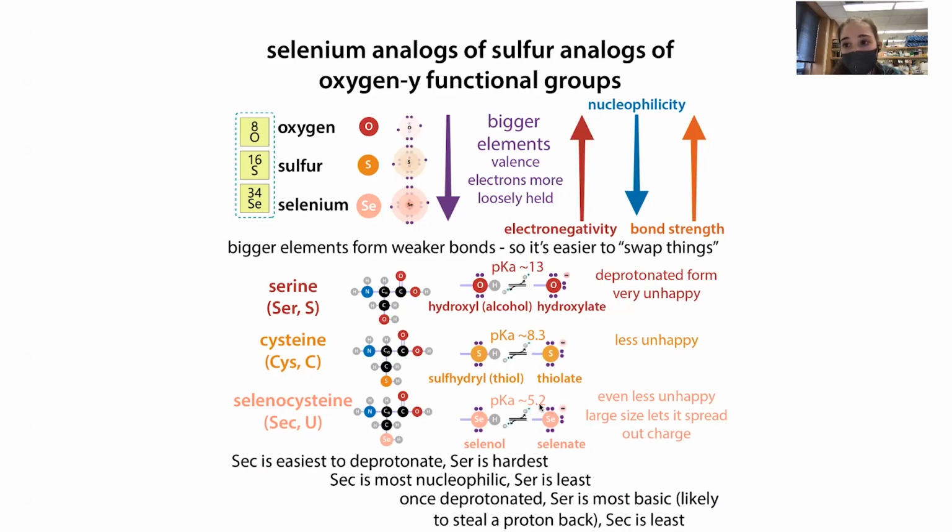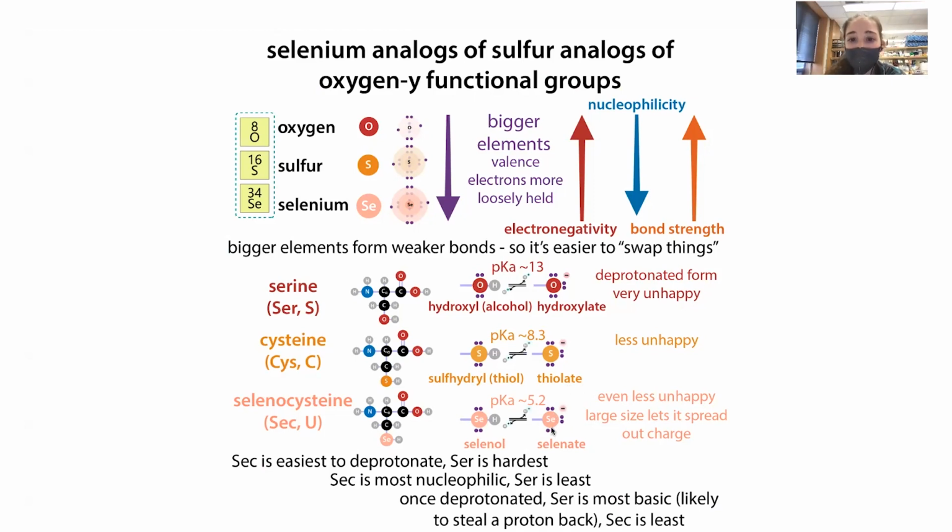So this is happier, but it's also most nucleophilic because of the effects of that water. The water is caging this hydroxylate, and this is going to be less trapped by water, and so it's going to be able to attack better as a nucleophile. So it's easiest to deprotonate, most nucleophilic, so it can react.